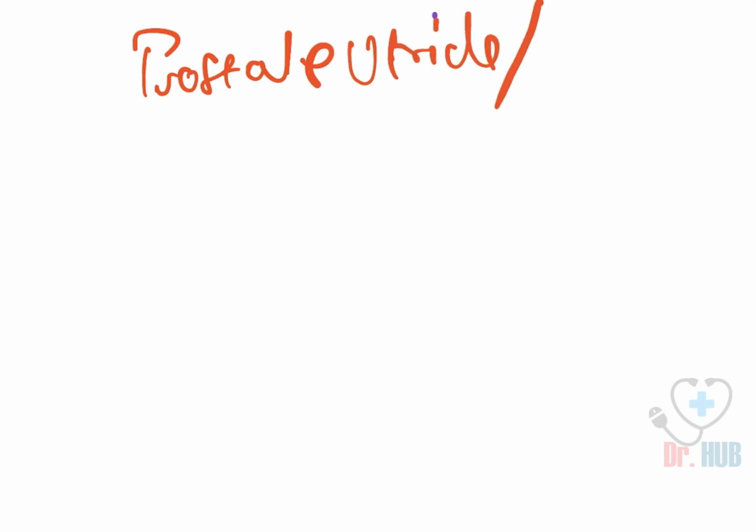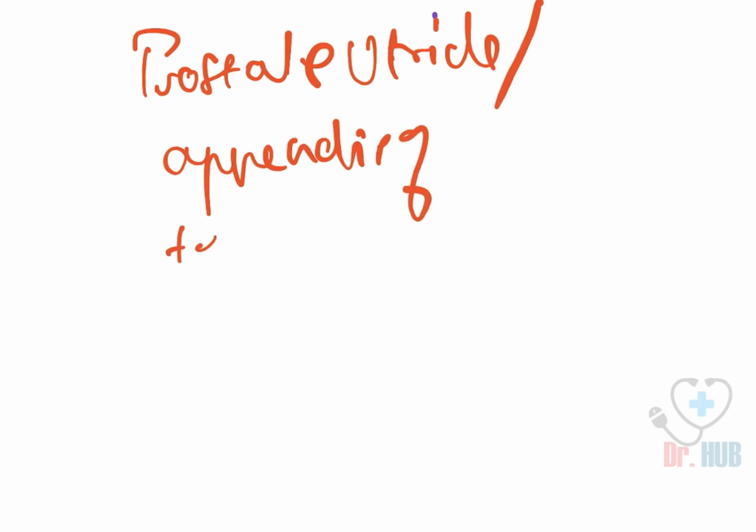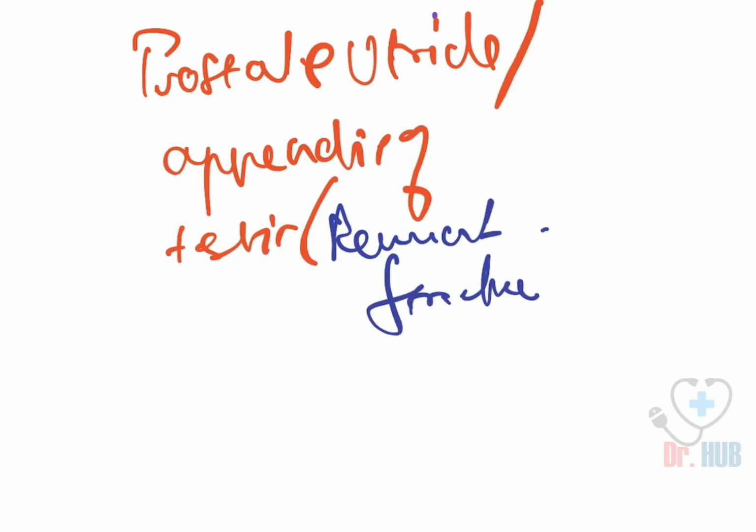Next, we look at the structures in case of the males. The paramesonephric duct or the Mullerian duct gives rise to the prostatic utricle and the appendix of testis. This is nothing but the remnant structure.